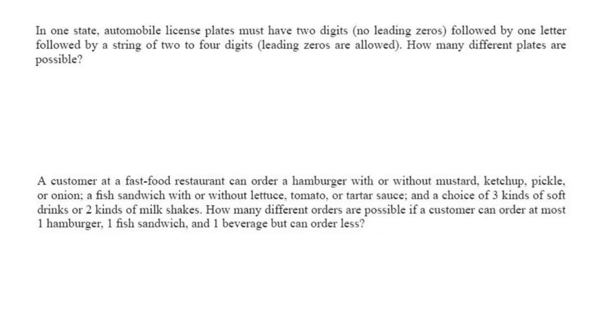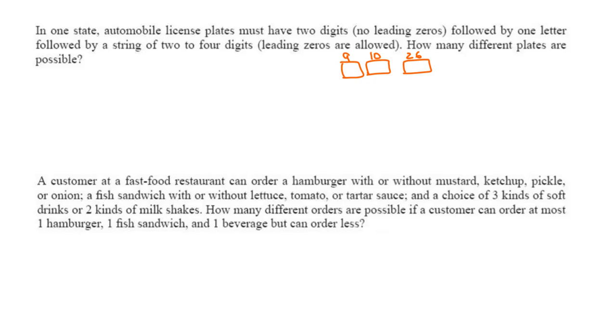In one state, an automobile license plate must have 2 digits, no leading zeros. The easy way is to picture it. We have 2 digits and no leading zeros, which means I have 9 to choose from, not choosing the 0, and 10 to choose from for the second digit. This is followed by one letter, so 26 to choose from.